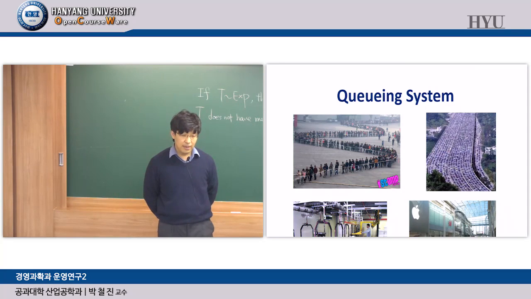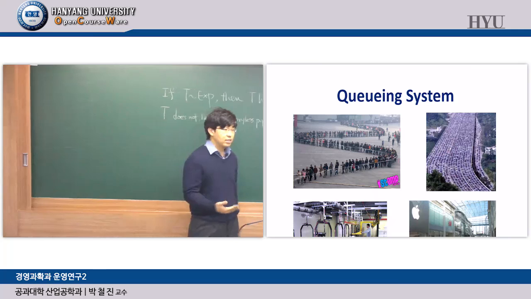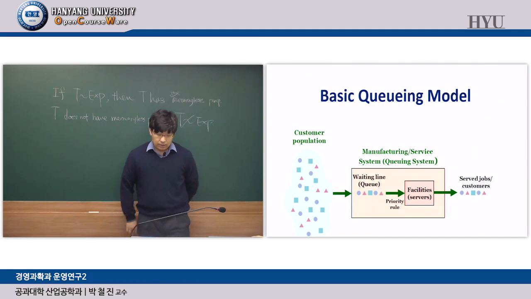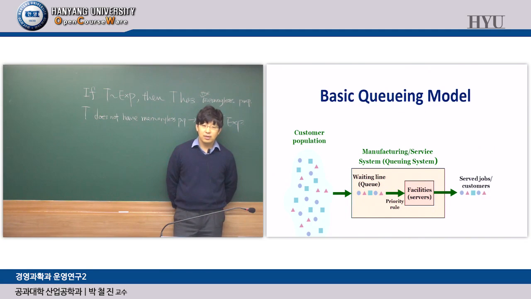Queuing theory is actually based on the stochastic process we learned just before this class. So, the queuing model. A simple queuing model includes three components. First, the entity arriving to the system. For a service system, it can be a customer. If you consider a market like E-mart or Hi-mart, then this entity can be a customer who tries to buy something in the market.